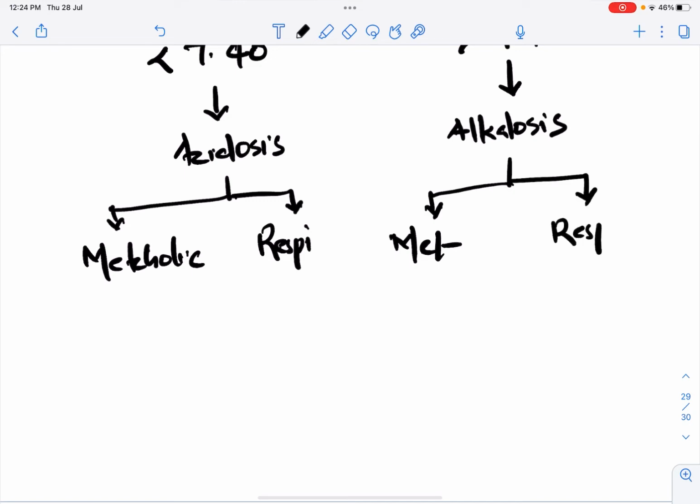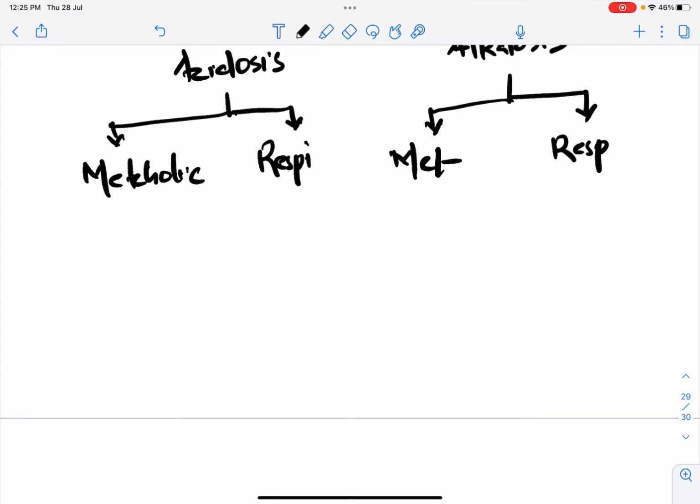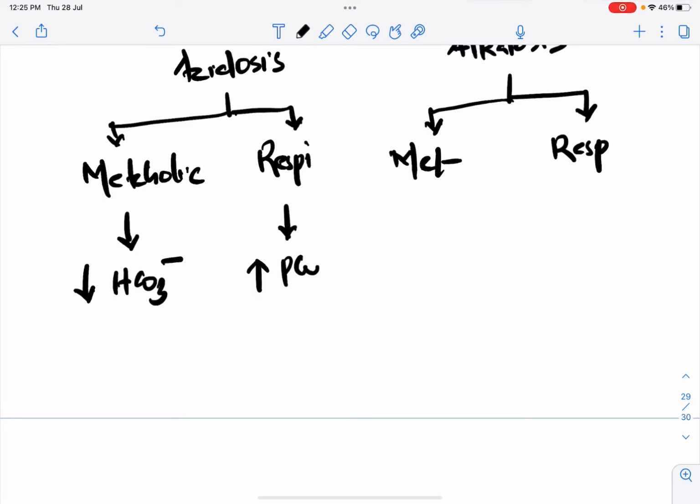To determine whether it is metabolic or respiratory, we have to check the primary disturbance. If the primary cause for acidosis is a decrease in bicarbonate, then it is metabolic, or if there is an increase in PCO2, then the cause of acidosis is respiratory.